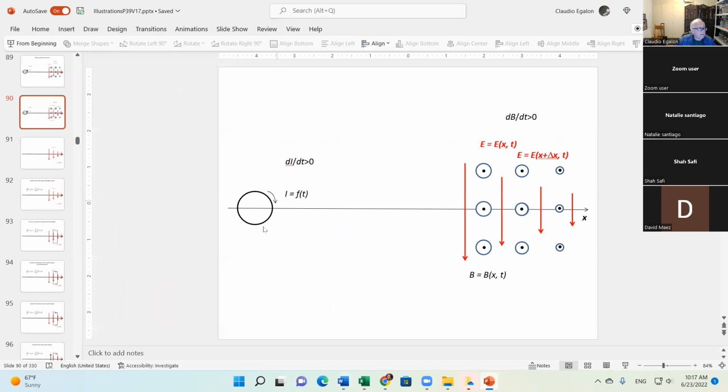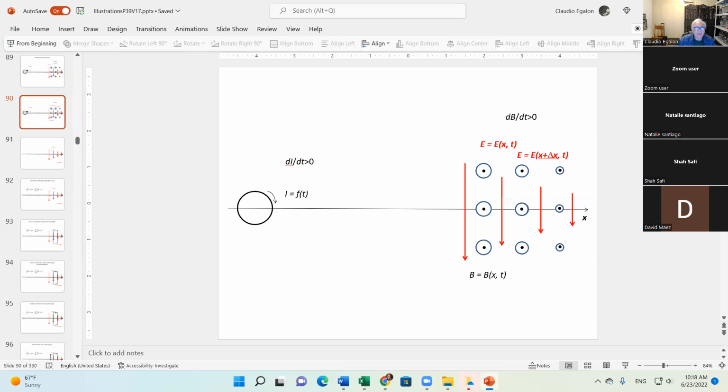If the source is right in here, the electric and magnetic fields are propagated from the left to the right. From the left to the right, that would be the forward propagating. But on the left side, you'd have the backward propagating electric and magnetic fields. Minus, x minus vt from the left to the right, x plus vt from the right to the left.